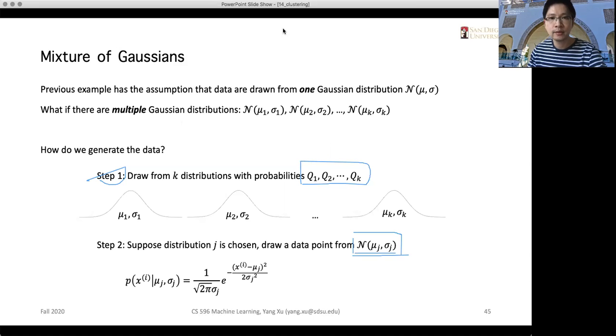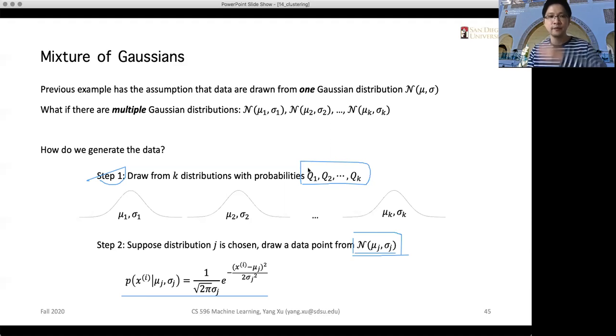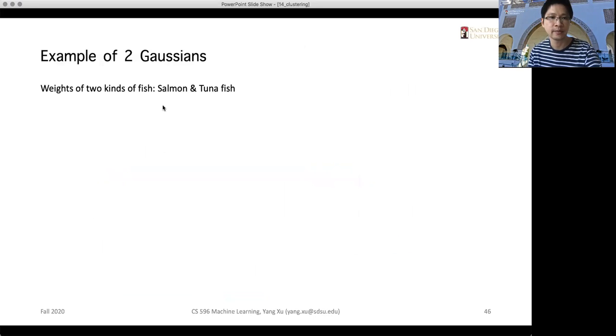We are already familiar with one distribution because the PDF function for one distribution is defined by this PDF function. So that is the overall two steps of generating one data point from a mixture of Gaussians. It's basically a two-step thing.